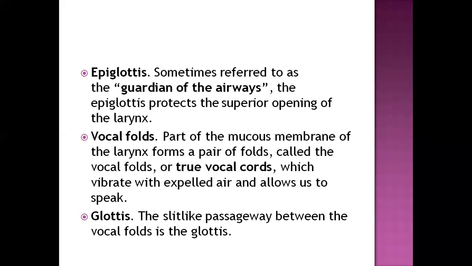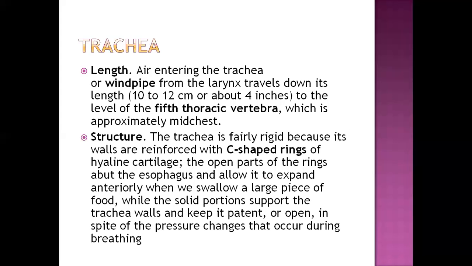Whatever solid particle or food particle tries to enter the airway, epiglottis protects us from those particles. After that, we have vocal folds or vocal cords, which vibrate with expelled air and allow us to speak. Also, there is glottis. Glottis is a passageway, a gap between the vocal folds.